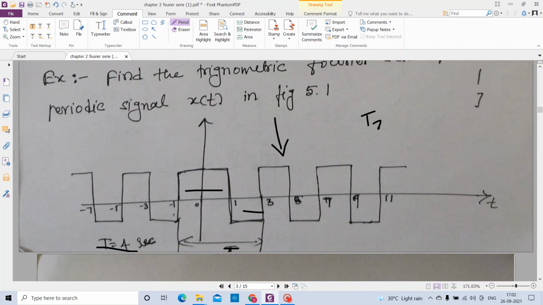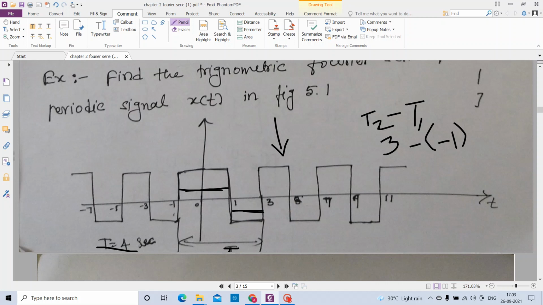T2 minus T1 gives the one cycle, the fundamental time period T. Here the T2 value is 3, and the T1 value is minus 1. We take one positive half cycle and one negative half cycle, and that is one full cycle. So we determine the fundamental time period for one cycle.